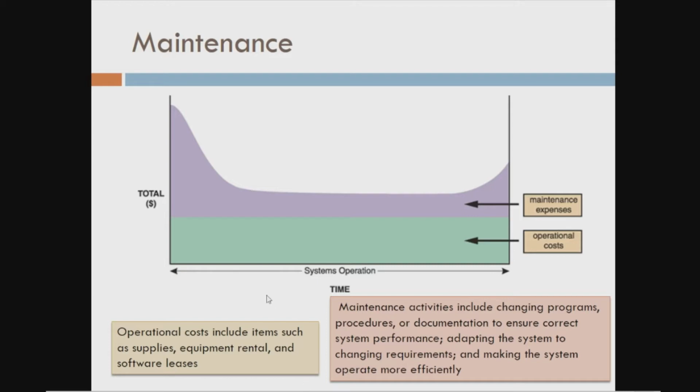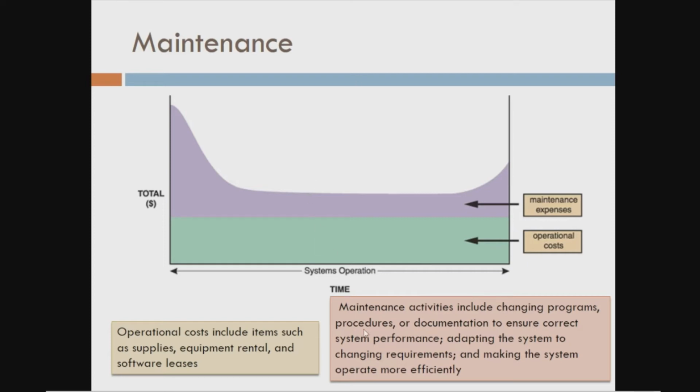Okay, the operational costs include items such as supplies, equipment rental, and software lease. Maintenance activities include changing the programs, procedures, and documentation to ensure correct system performance, adapting the system to changing requirements, and making the system operate more efficiently.